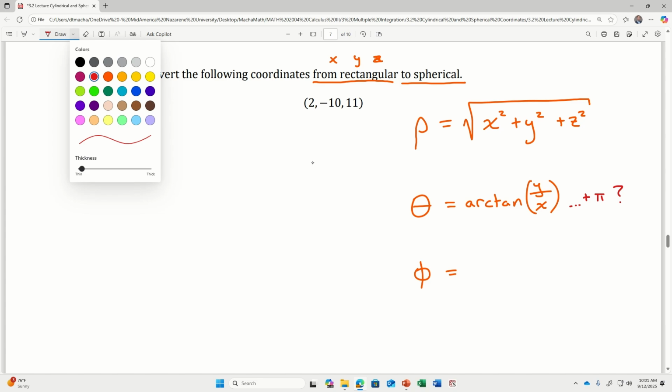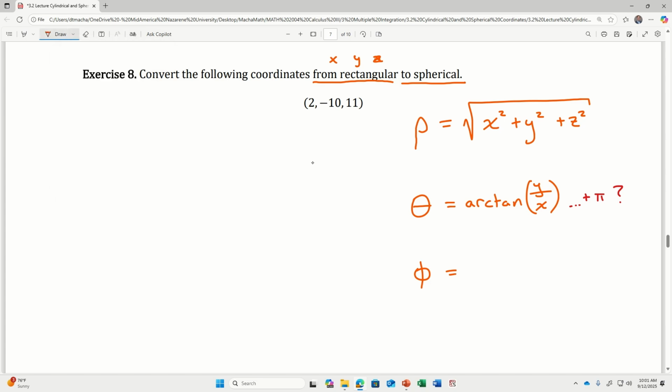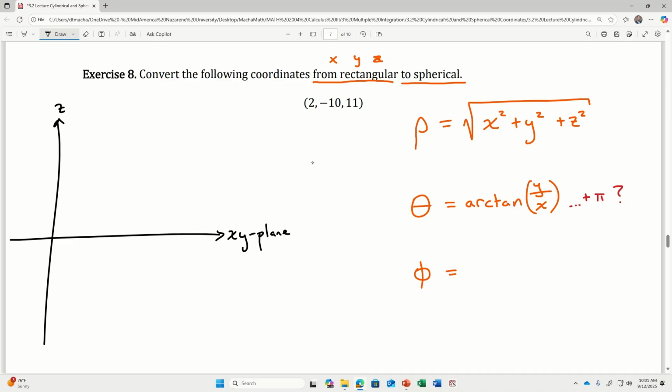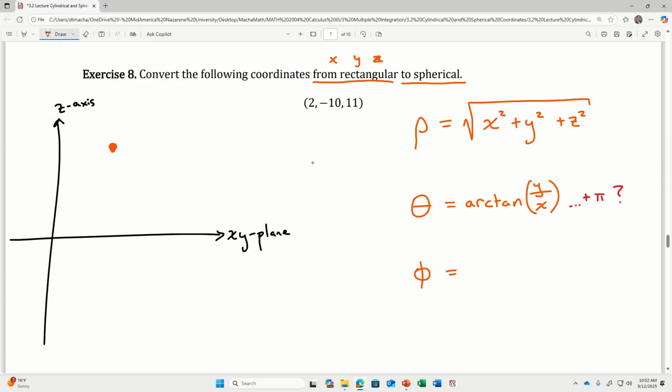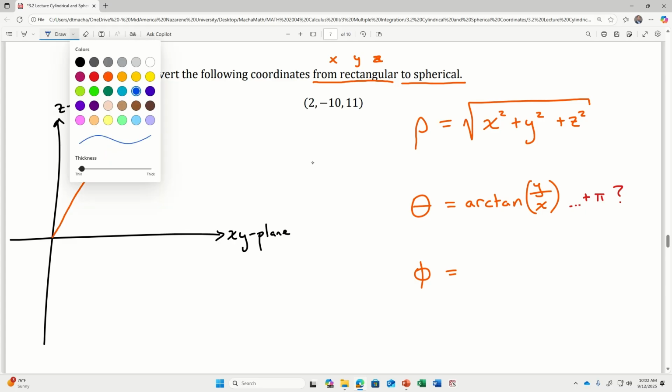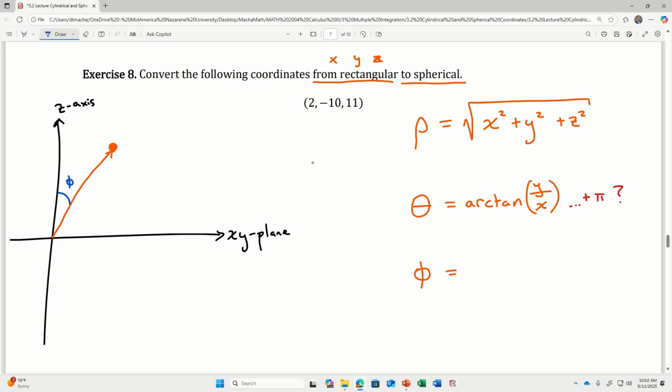And then phi is the angle away from the positive z-axis. And so if we look at it from the side, where the xy plane is flat to our vision, and this is the z-axis, and here's our point floating out in space. This is the angle phi. And this distance from the origin to the point is rho.